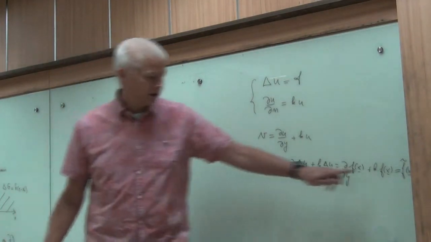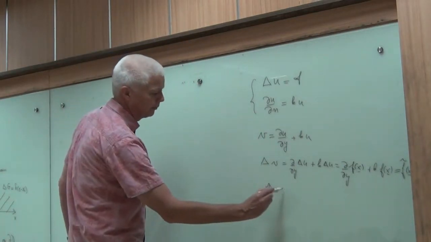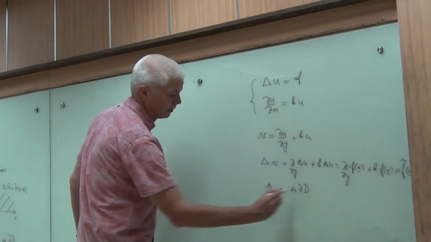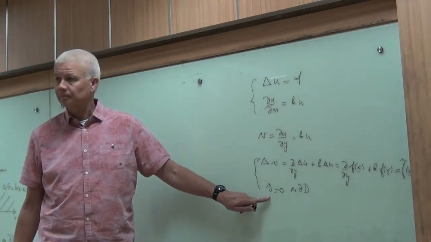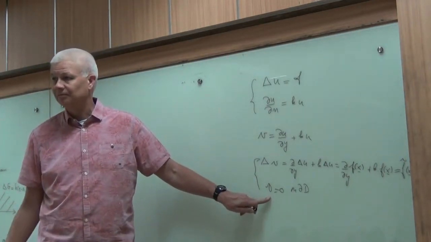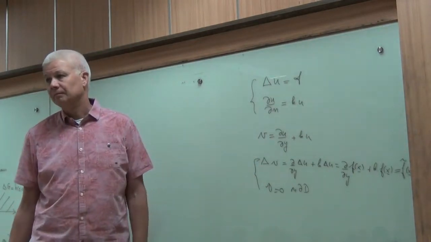You get a new PDE for v, which is almost the same as the original one, and v is 0 on the boundary. Then you have to look for the Green's function for this problem, and you can easily do that. That means that you can easily solve the problem for v.